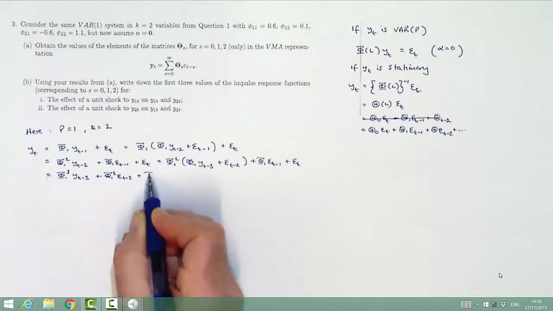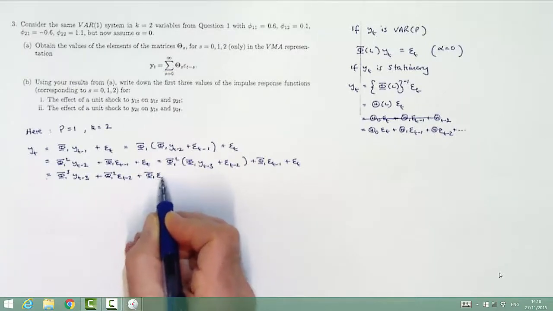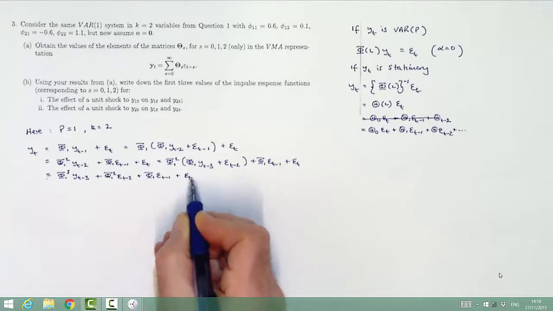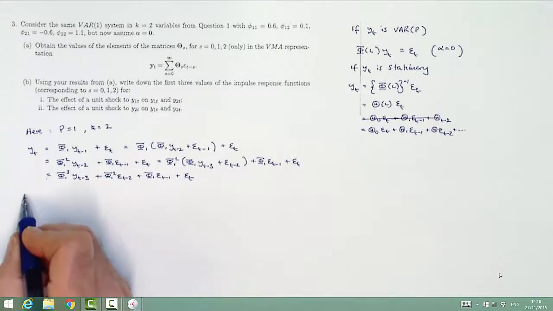So you see that now we have an expression for y_t involving y_{t-3}, epsilon_{t-2}, epsilon_{t-1} and epsilon_t. Now if we continue doing the back substitution for y_{t-3}, you can recognize that all that will introduce is terms involving epsilon_{t-3}, epsilon_{t-4} and so forth going backwards.